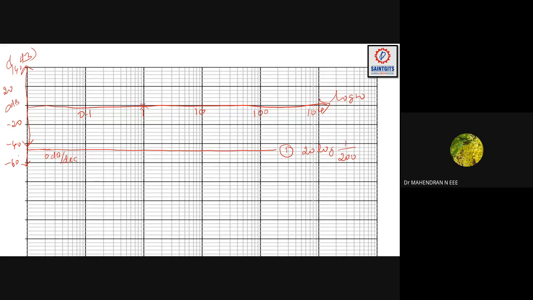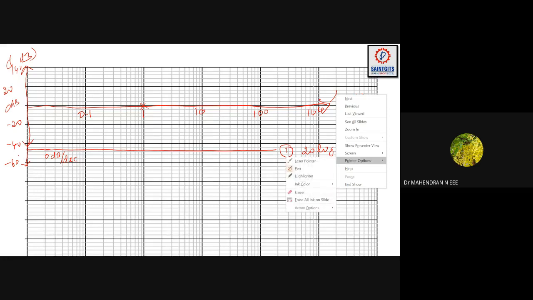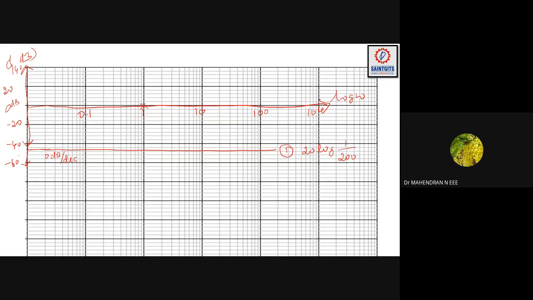It is a simple pole, so you will get a diagram like this. Then it will reach the next corner frequency at 20 dB per decade.